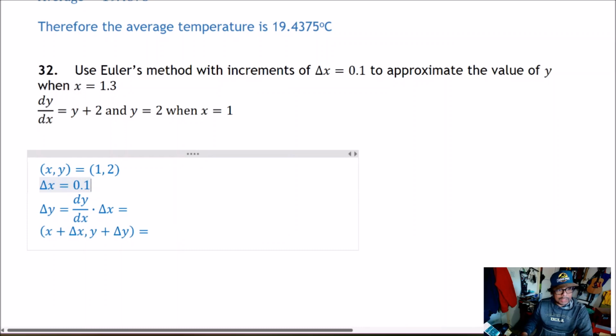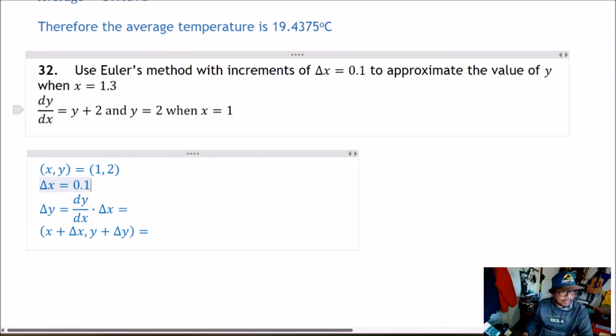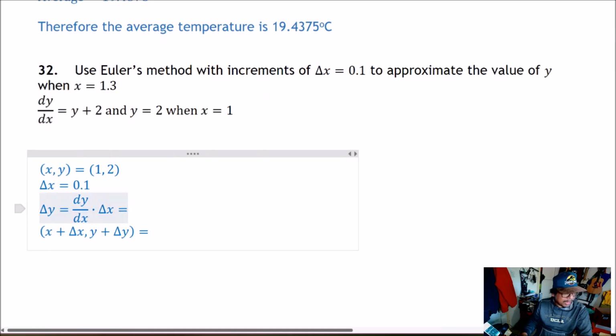Then we're going to build a tangent line there using this differential equation where dy/dx is y plus 2. We're going to compute our delta y by doing dy/dx multiplied by our delta x.